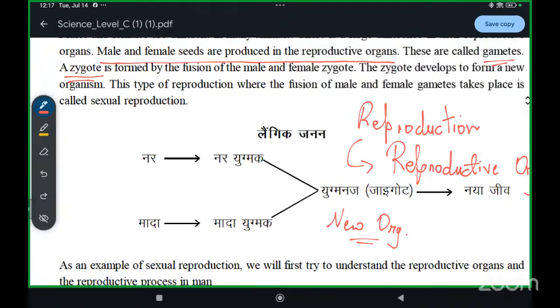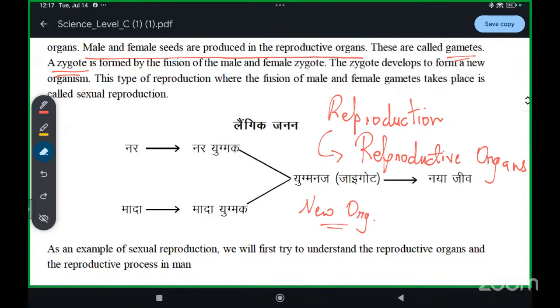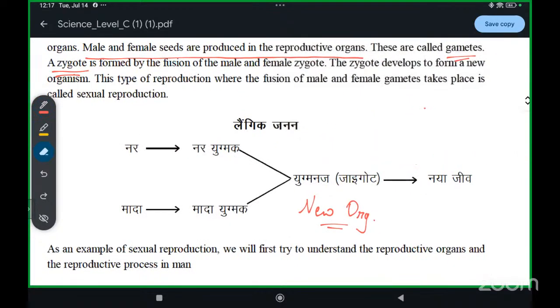What is the cycle here? I will translate it, write it and explain to you.